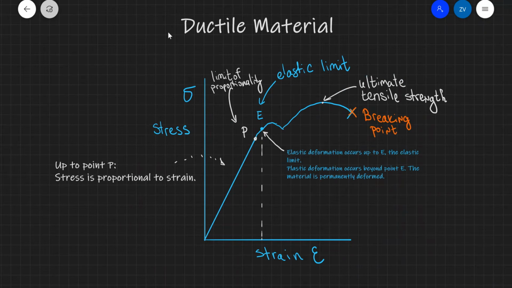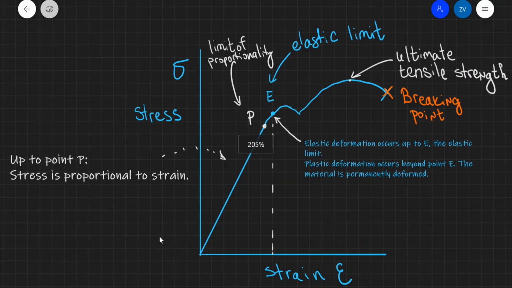Okay guys, now let's have a look at the stress against strain graph for a ductile material. First of all, up to point P in this first region, we can see the stress is proportional to strain. Most of the time the material would actually obey Hooke's law up to point P, which is known as the limit of proportionality.